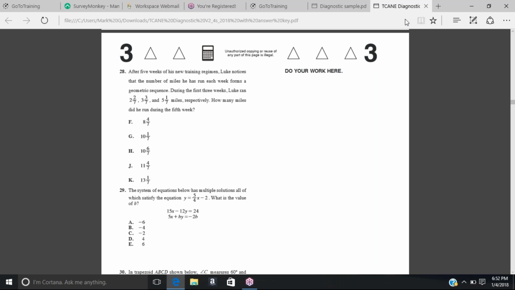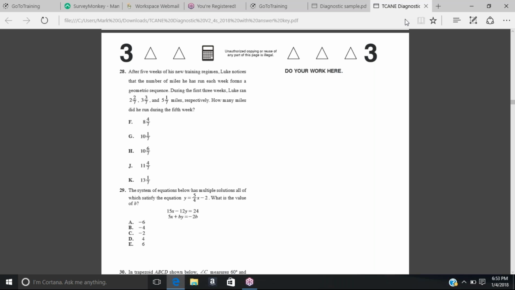Seems to be increasing. To be specific, from 2 2/7 to 3 3/7, he has gone up by 1 1/7 miles. The next week, he's gone up almost 2 miles. He's gone up by 1 5/7, 3 3/7 to 5 1/7. So this is increasing in the distance between weeks.